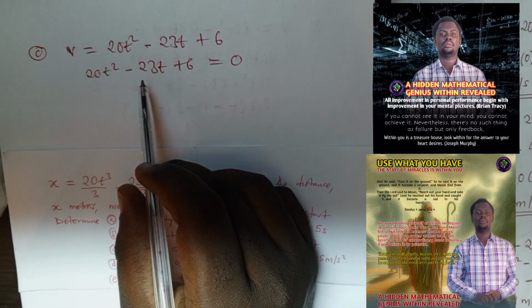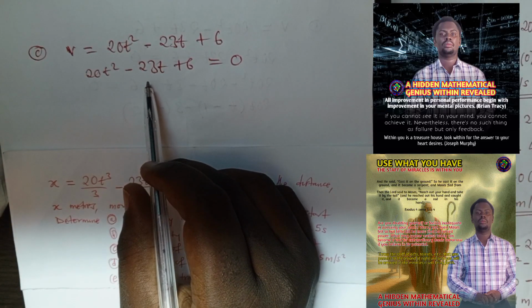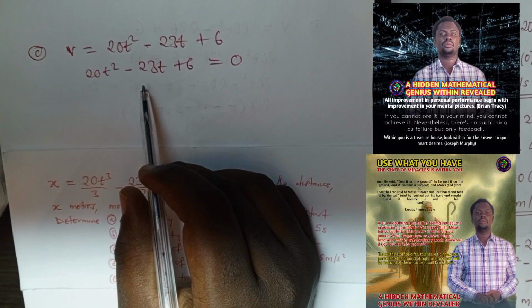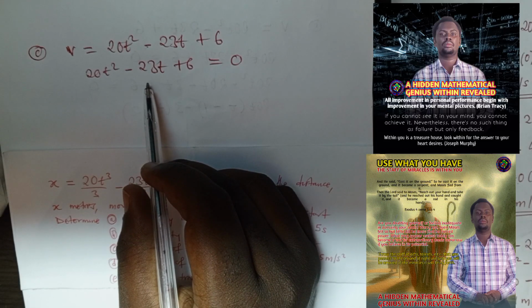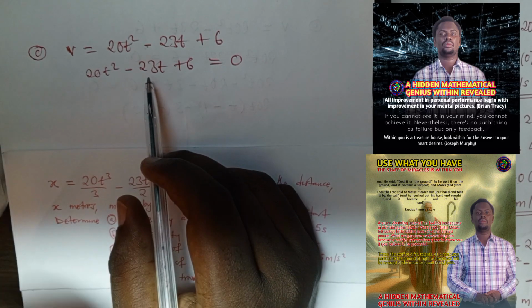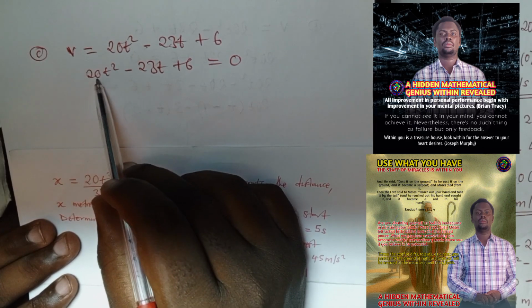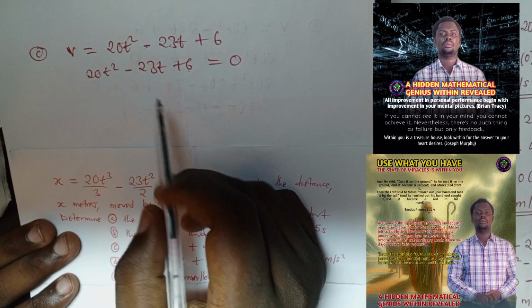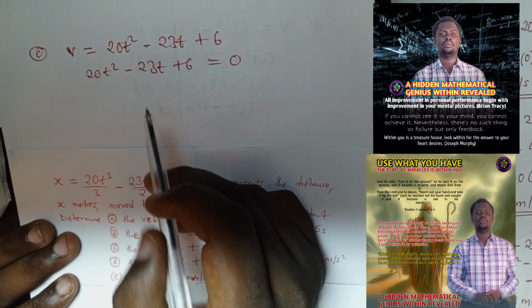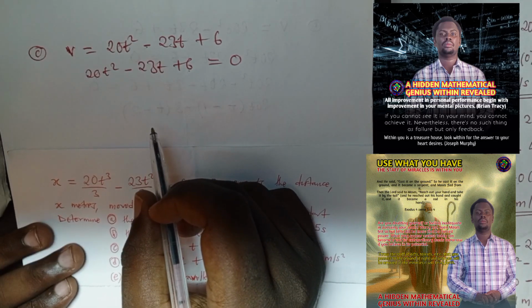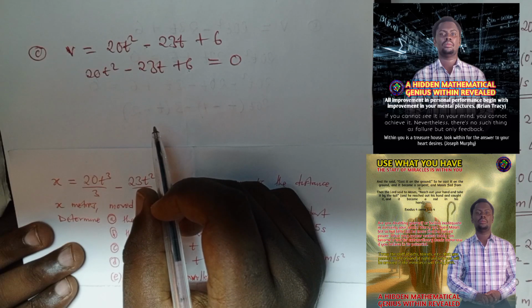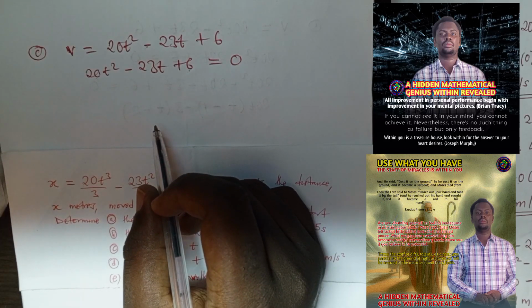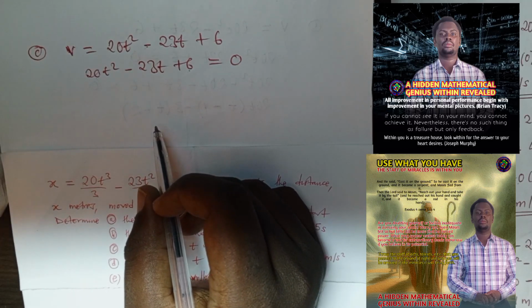We can see that this is a quadratic equation, and we can use the factorization method. The product is 20 multiplied by 6, that is 120, and the sum is minus 23. So we need to find two factors of 120 whose sum is minus 23.